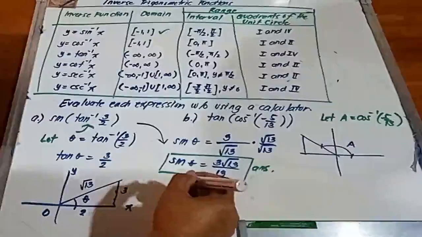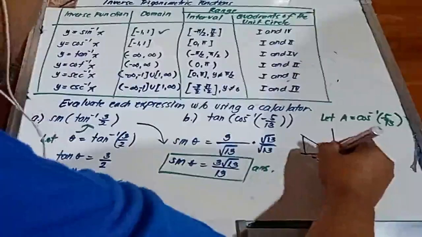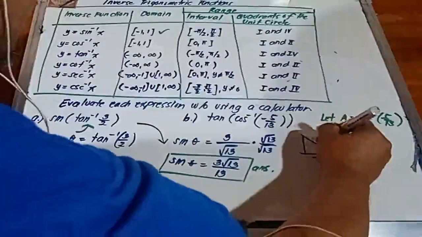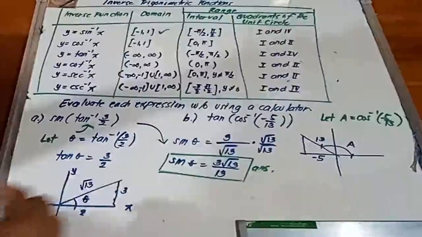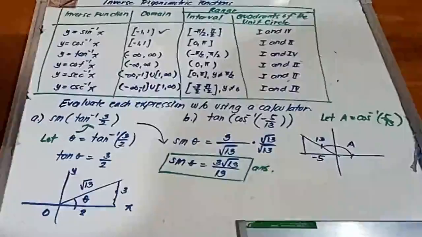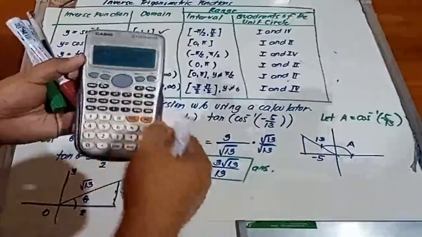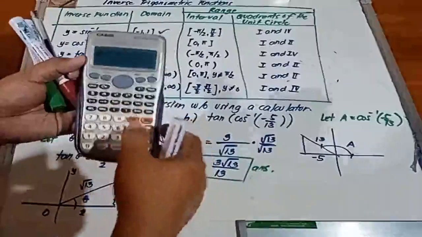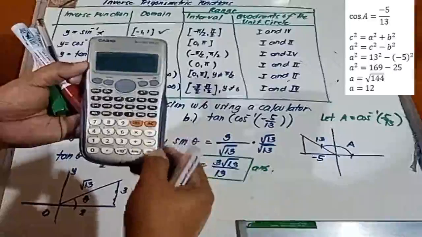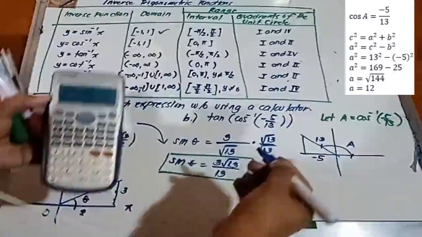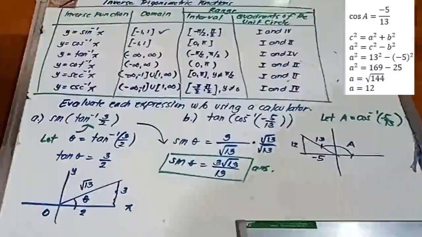So, negative 5 is adjacent side. Ito yung 13. Kukunin na lang natin ay ito. By Pythagorean theorem, that is 13 squared minus negative 5 squared. Okay? 144. Square root of that is 12. So, 12 ito. Okay? Diretso ko na ha.